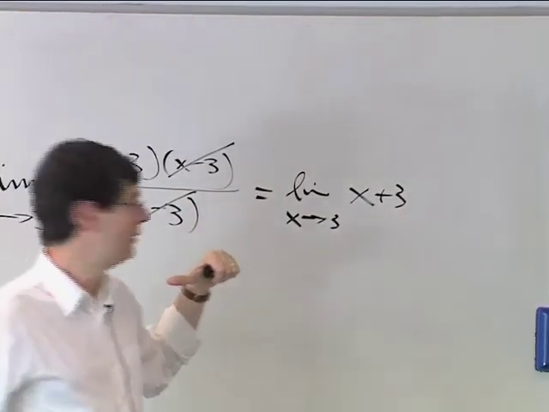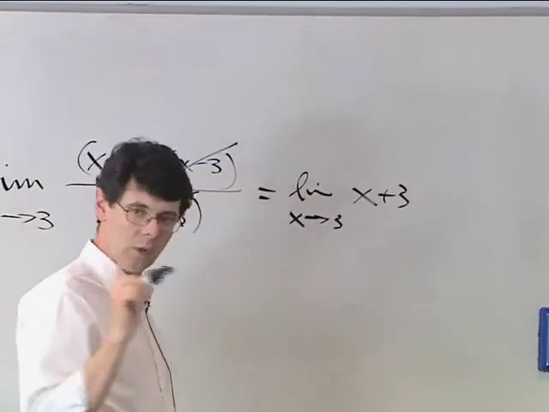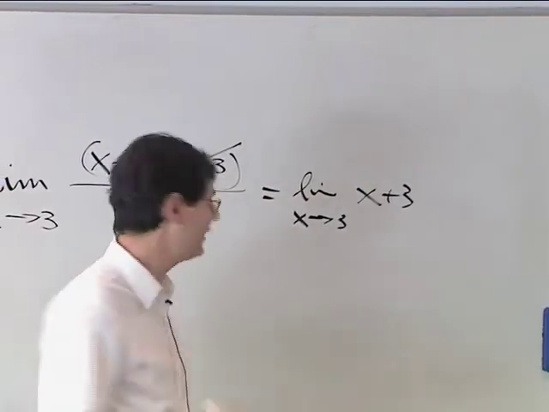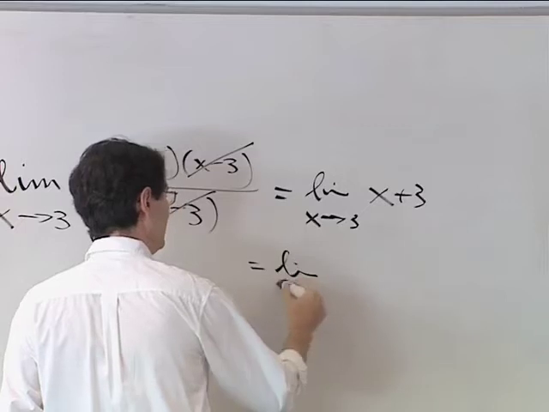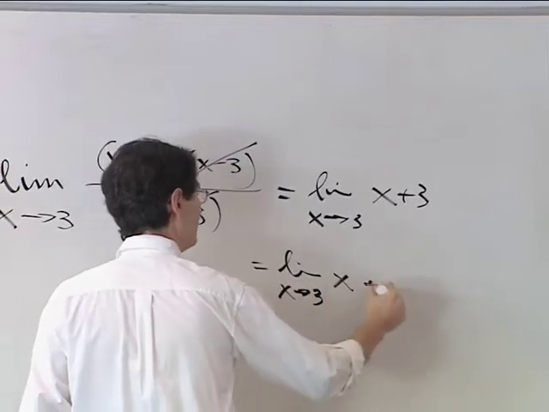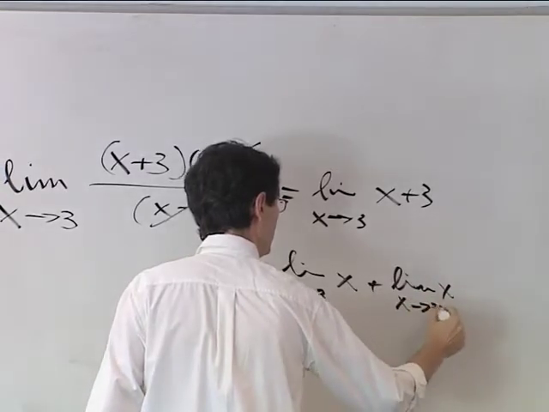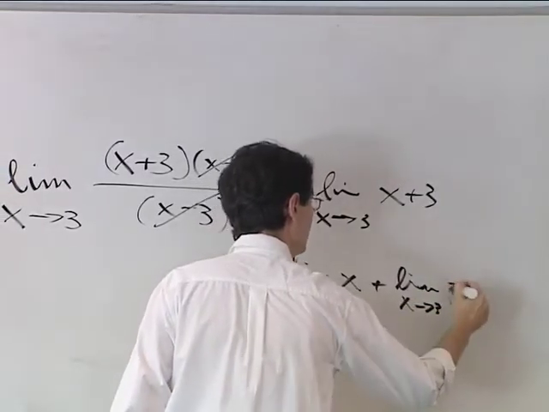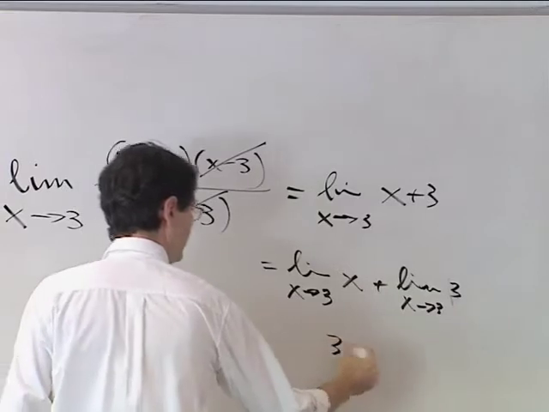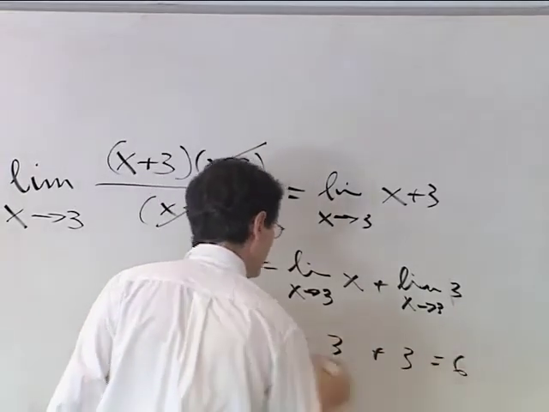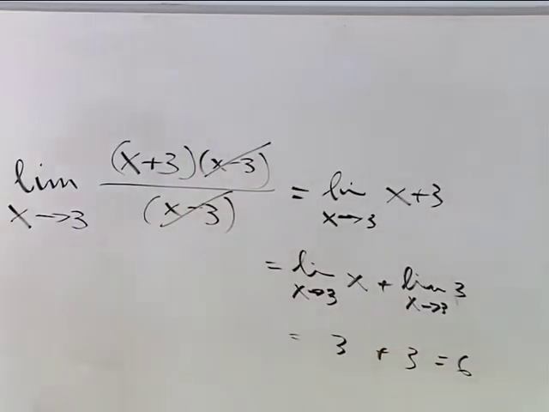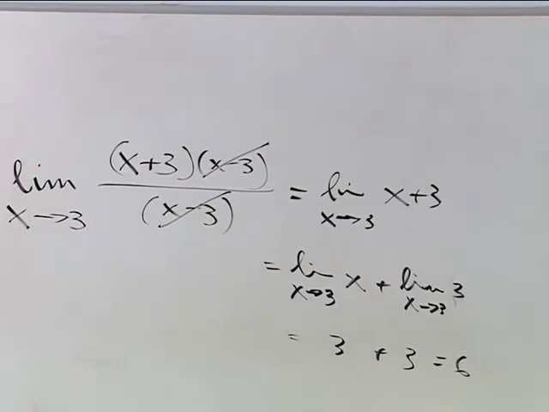Okay? And I'm going to do it one more time for old time's sake. This is the limit when x goes to 3 of x plus the limit when x goes to 3 of 3. So this is 3 plus 3, 6. Okay?